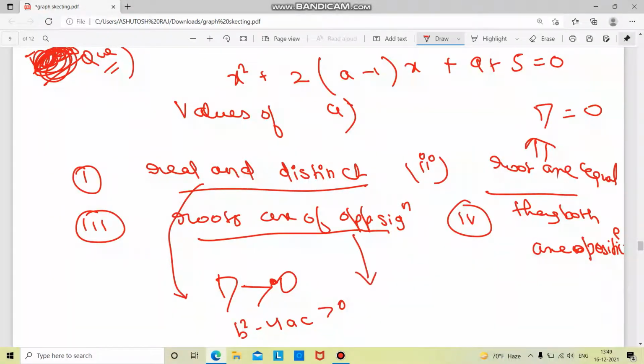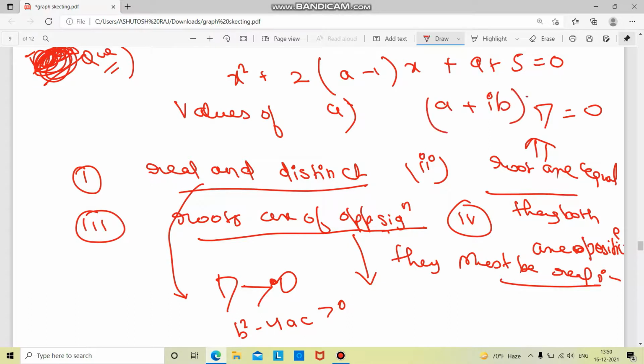Roots are of opposite sign. In this, first of all, if the roots are of opposite sign, then they must be real, because the sign of a complex number, a plus iota b, is not defined; you can't say it is positive or negative.